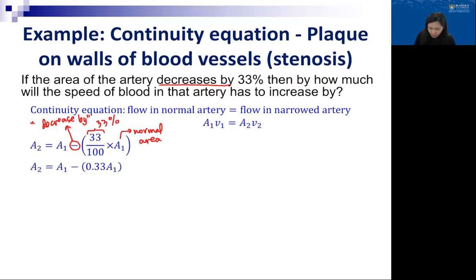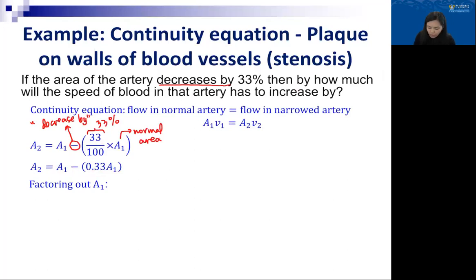Okay, so then the new area will be A1, that's still the same, minus 33 divided by 100, which is 0.33 times A1 still. Now, if you have this equation where you're adding or subtracting, and you see that there's a common variable in each of the terms, then you can do what we call factoring out.